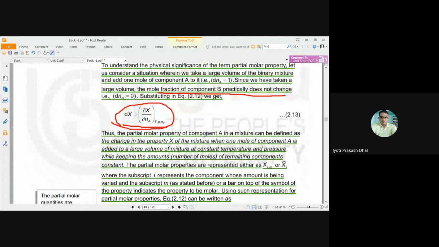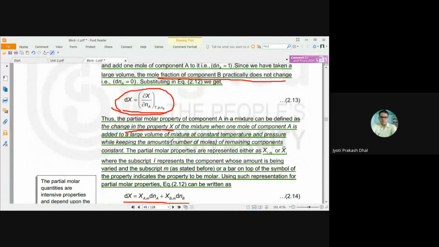Thus the partial molar property of a component A in a mixture can be defined as the change in the property X. Here we are not mentioning a particular property; we are taking X as an extensive property. The extensive property may be volume, internal energy, enthalpy, Helmholtz function, Gibbs function, whatever it may be.